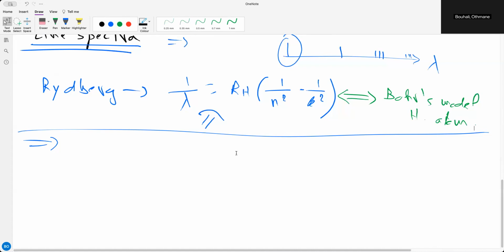If the electron goes from a lower state to a higher state, you have to give energy to the electron. It's like when you are climbing a mountain, you need a force to help you. If the electron moves from an upper state to a lower state, it will radiate a photon. In both cases, the energy is equal to the difference between the energy of the two states.